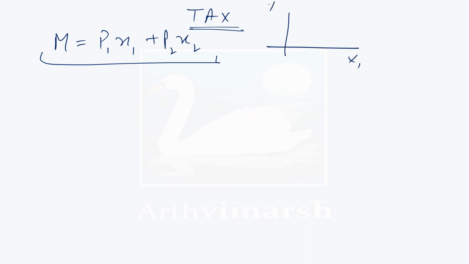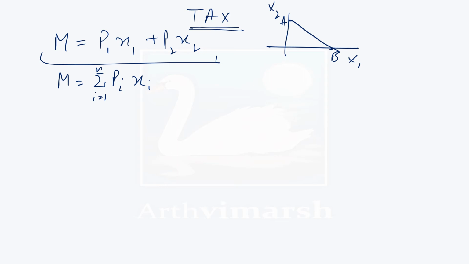If this is x1 and this is x2, this was our budget line, say AB up till here. In general we can write it as price of i times quantity of ith good, for i from 1 to n. It can be anything, even if a consumer is consuming 1 unit, it doesn't matter.